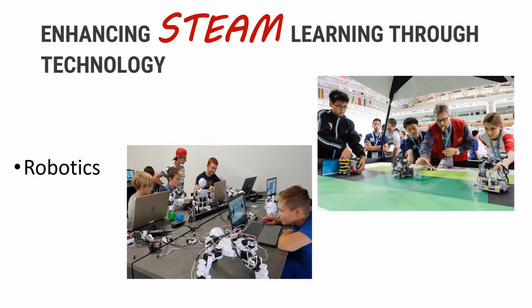Next, we have robotics. Educational robotics teaches the design, analysis, application, and operation of robots. So, the difference between game coding and robotics, game coding only focuses the output inside the computer. But robotics, it has an actual hardware that you operate.